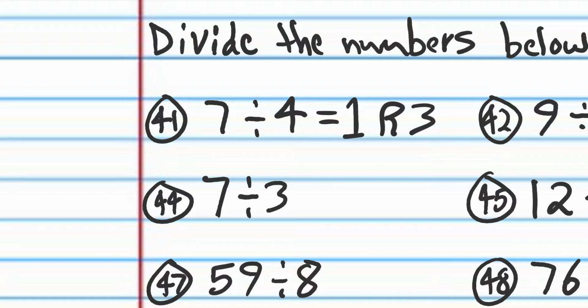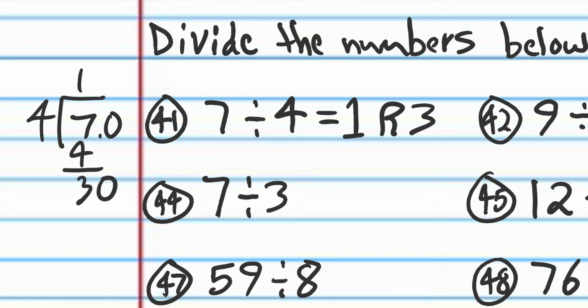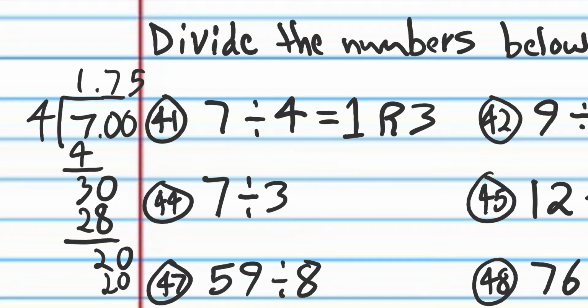Now, if you wanted to write it as a decimal, obviously you would just use the long division algorithm. 7 divided by 4 goes in one time, remainder 3, but then you'd put a decimal and a 0 and you'd keep going. 4 goes into 30 7 times, 28, 2, 4 goes in 5 times, 20, and you'd end up with 1.75.